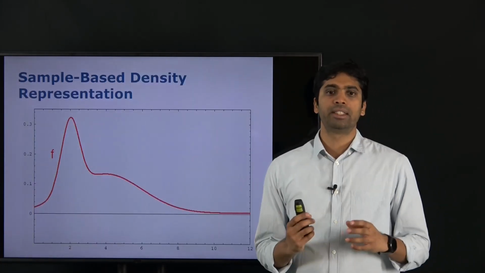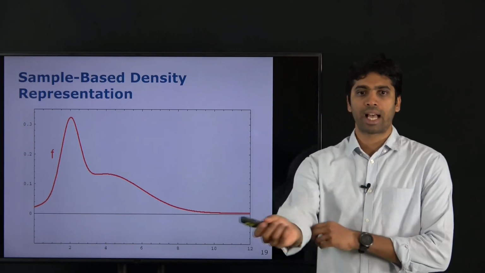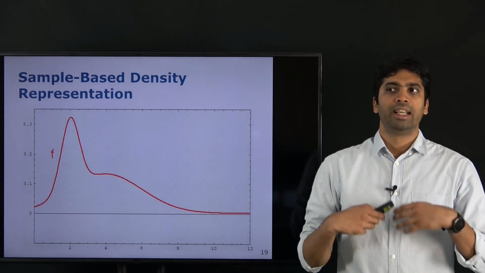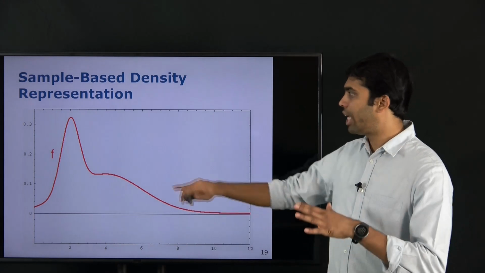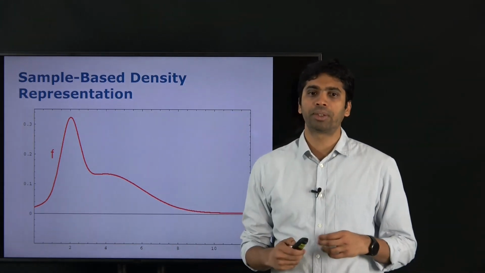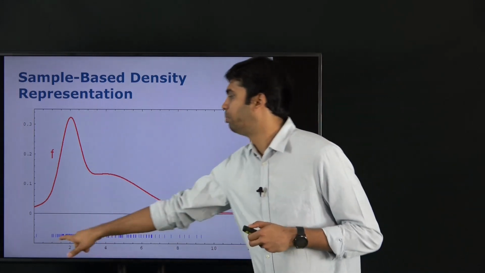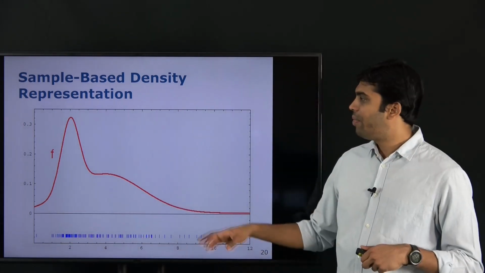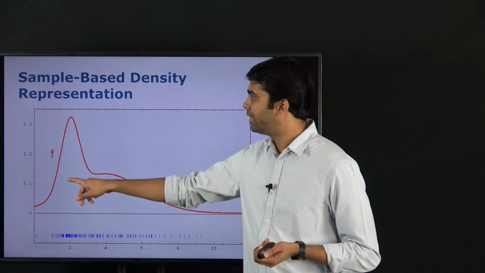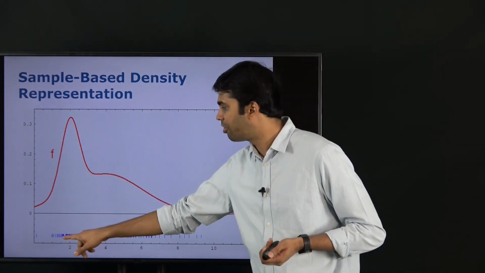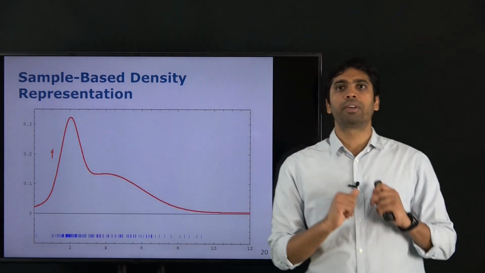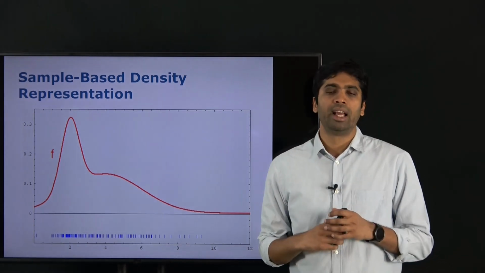Another way to represent this is through what is called a sample-based representation. Essentially, what we see is a general probability distribution function, and the sample representation would be the blue things that you see here. The idea is that in the places where there is a higher density, a larger number of samples are drawn.